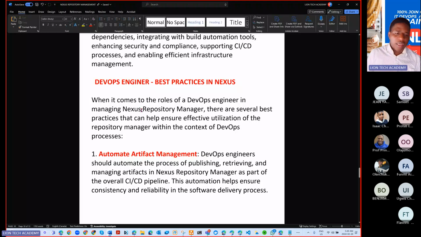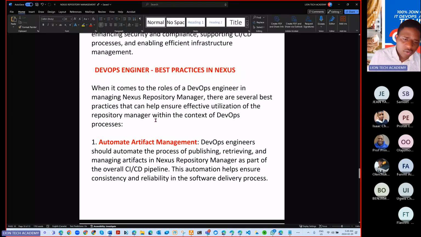So in terms of the best practices, automate artifact management. DevOps engineers should automate the process of publishing, retrieving, and managing artifacts in Nexus Repo Manager as part of the overall CI/CD pipeline. This automation helps ensure consistency and reliability in the software delivery process.